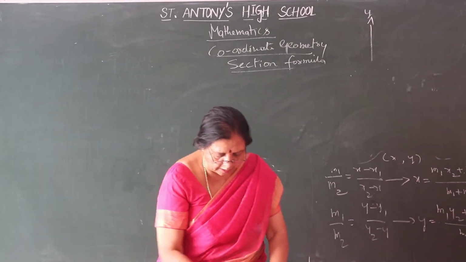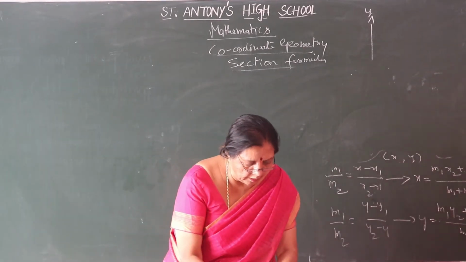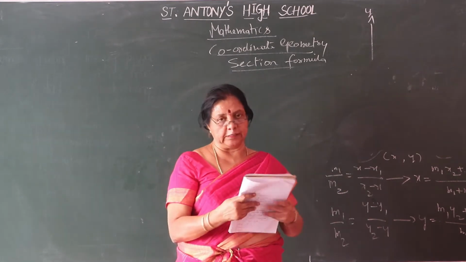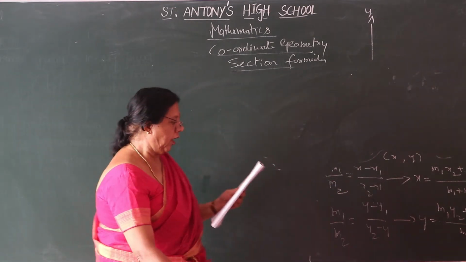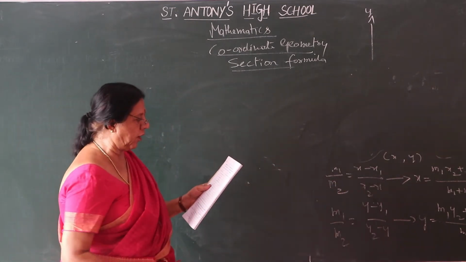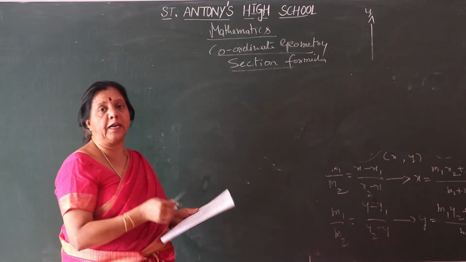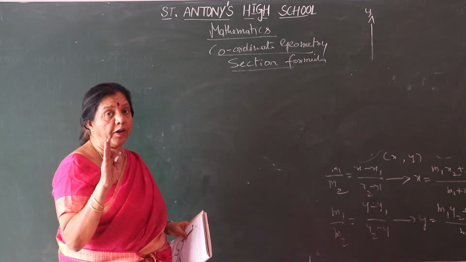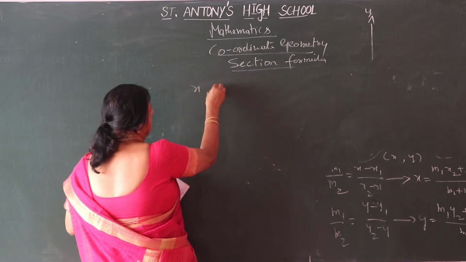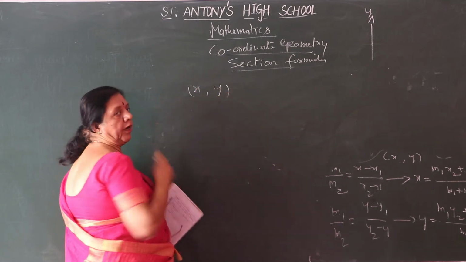Now, in the textbook they have given example 6. Just I will go through it. Okay. Find the coordinates of the point. Which are the coordinates of the point? Generally x, y. These are the coordinates.